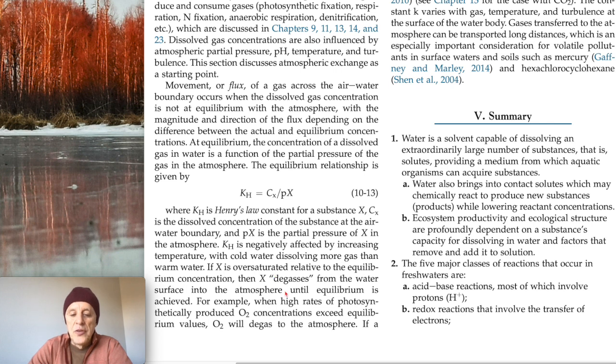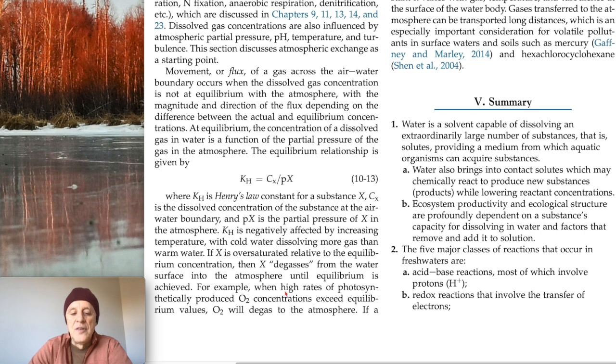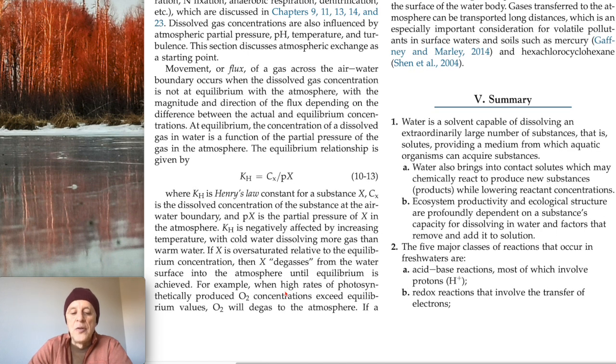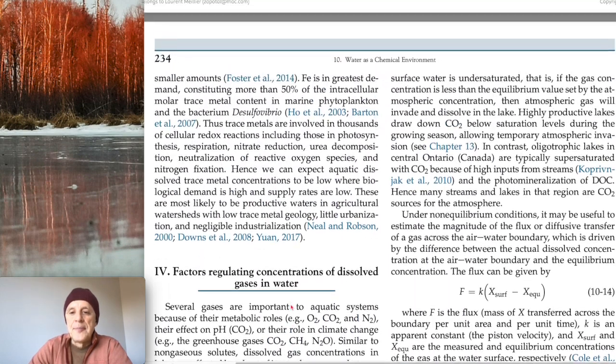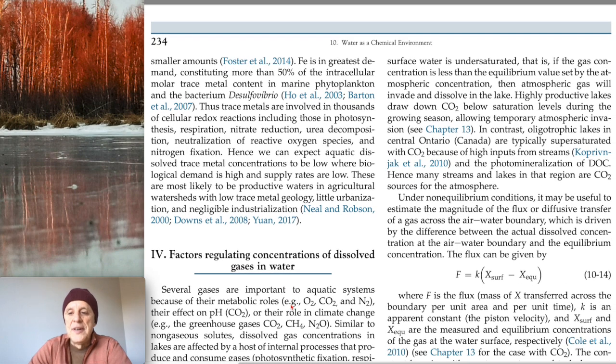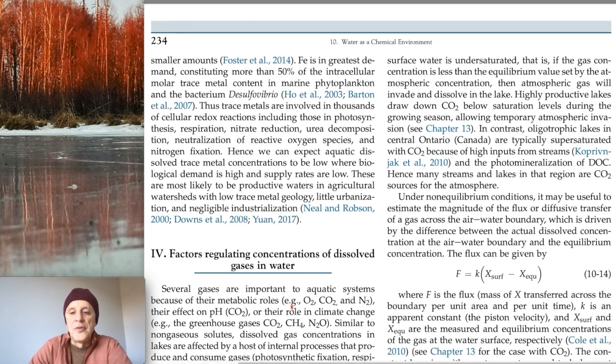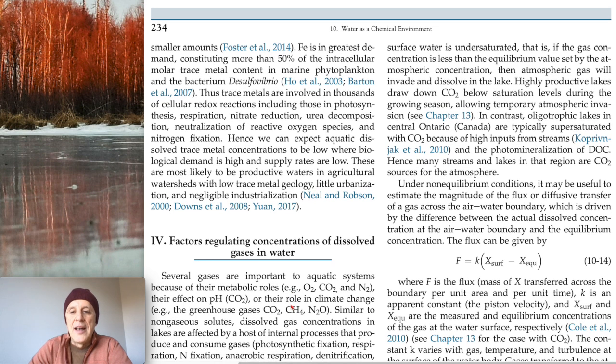If X is oversaturated relative to the equilibrium concentration, then X degasses from the water surface into the atmosphere until equilibrium is achieved. For example, when high rates of photosynthetically produced oxygen concentration exceed equilibrium values, oxygen will degas to the atmosphere. If surface water is undersaturated, that is, if the gas concentration is less than the equilibrium value set by the atmospheric concentration, then atmospheric gas will invade and dissolve in the lake.